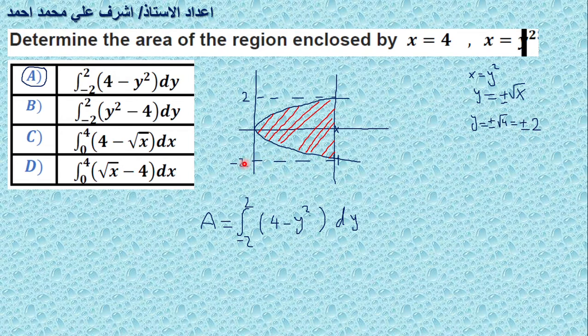So the area equals the integral from negative 2 to 2 of this curve, 4, minus this curve, y squared, dy. So the right choice is A.